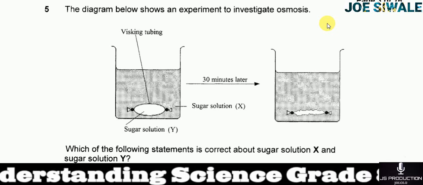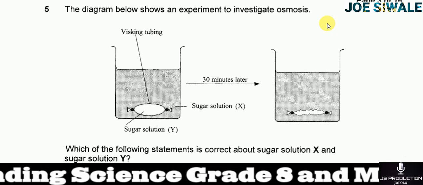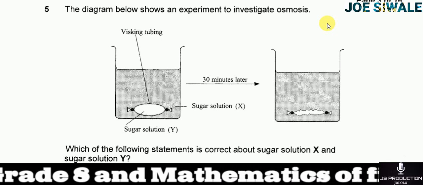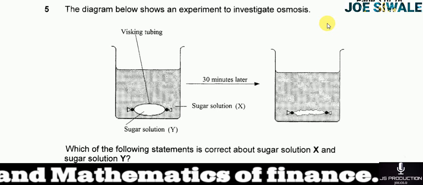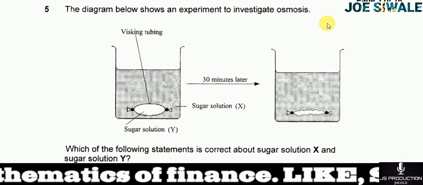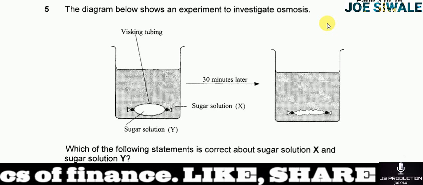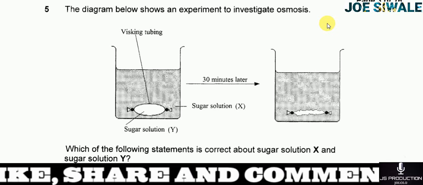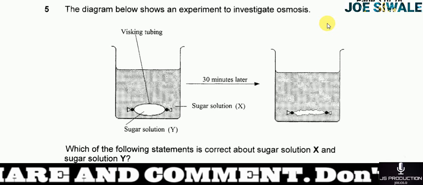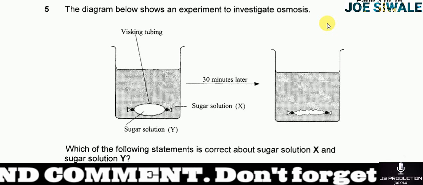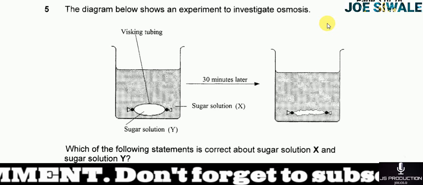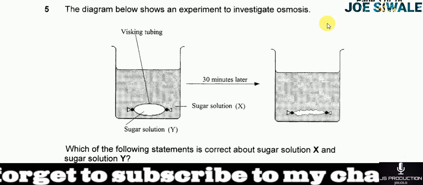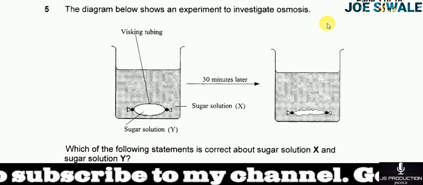Then 30 minutes later, as you can see, the size of the sugar solution Y in the Visking tube will reduce. So this process can only occur if the amount of water molecules in sugar solution Y is more than the amount of water molecules in sugar solution X.